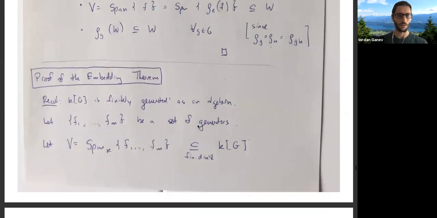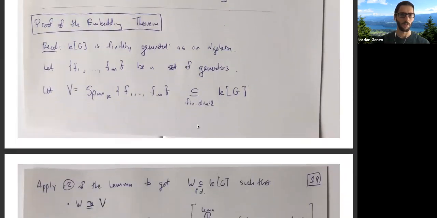So the result is that any linear algebraic group is a closed subgroup of GL_n. Let's start with the observation that the affine algebra of G is finitely generated as an algebra. That's something we talked about.